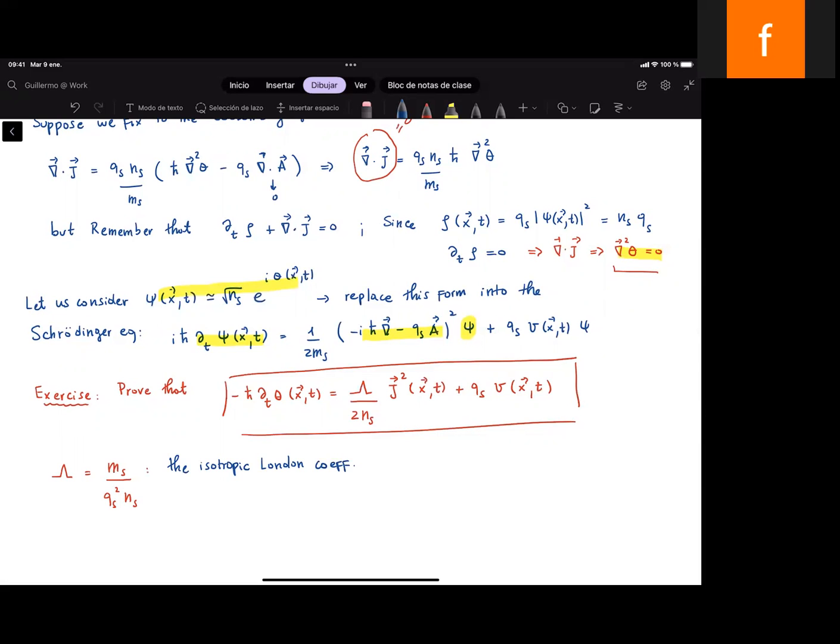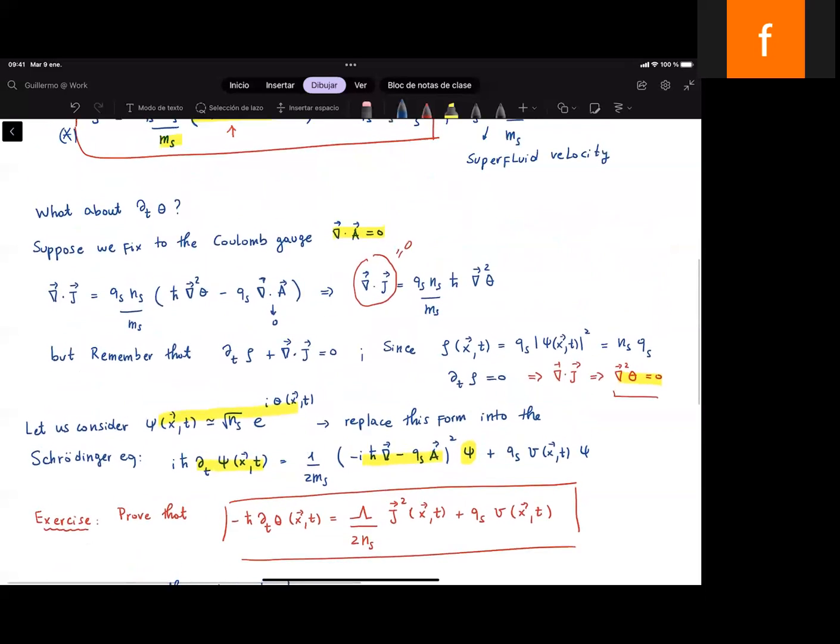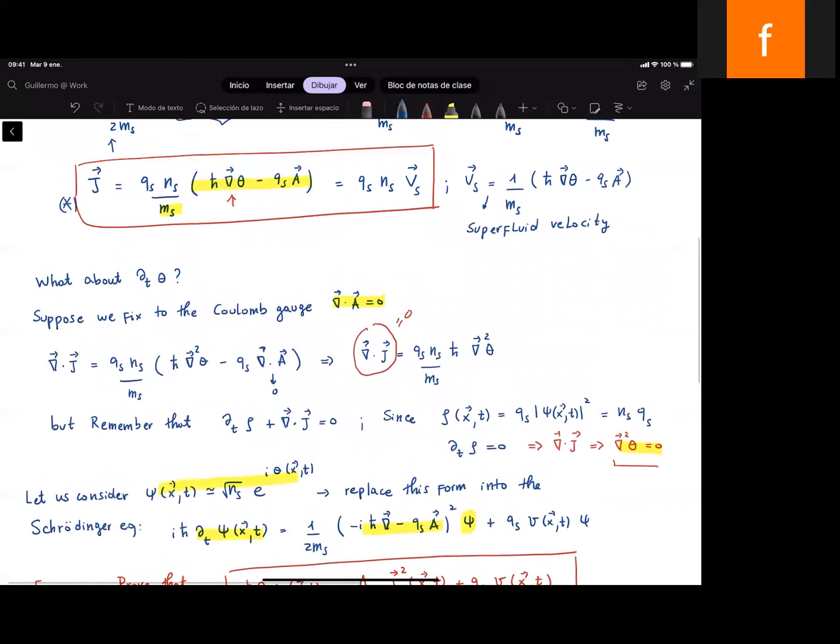Oh, look, this is an interesting thing. We have this equation, the red box here. We see that any spatial fluctuation of the phase can be related to a superfluid current, you see?